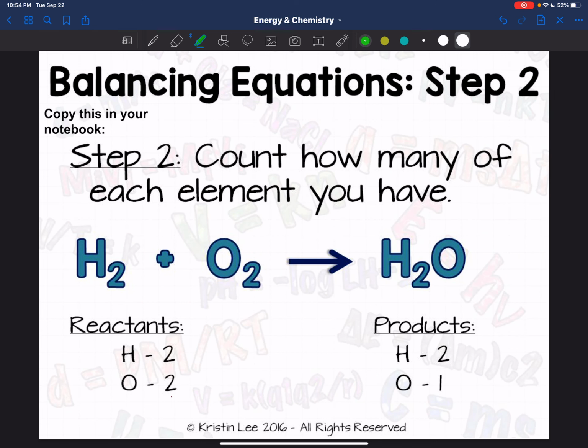Next up, and notice it's the same equation, you're going to count how many you have. Hydrogen, I've got 2. Oxygen, I have 2. And over here, hydrogen, I have 2, but oxygen, remember, I only have 1 because there's no subscript. After we've listed each of the elements, now you're counting how many are there.